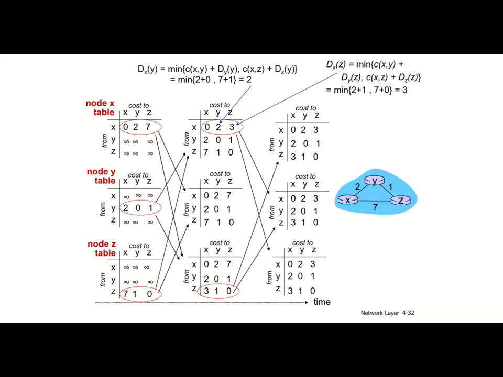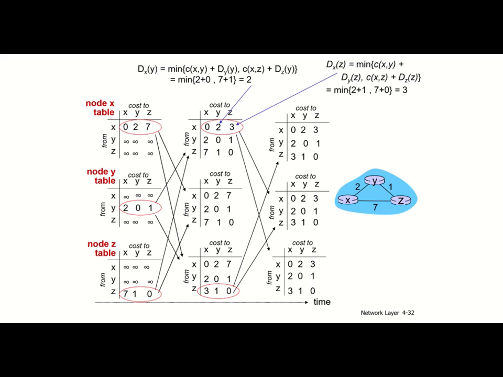Y gets the distance vectors from neighbors X and Z, and stores them in its own table, and at the same time it uses the Bellman-Ford equation to update its own distance vector. As you see, the distance vector of Z changes after it receives information from the neighbors X and Y, and then it has to notify the other neighbors of Z with this change.